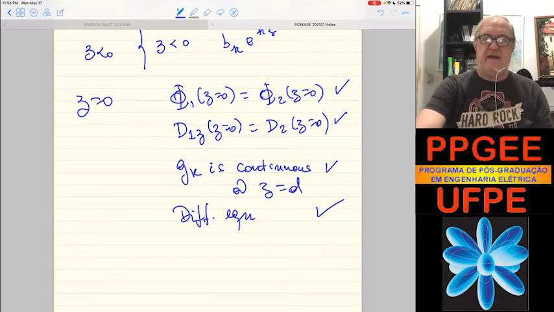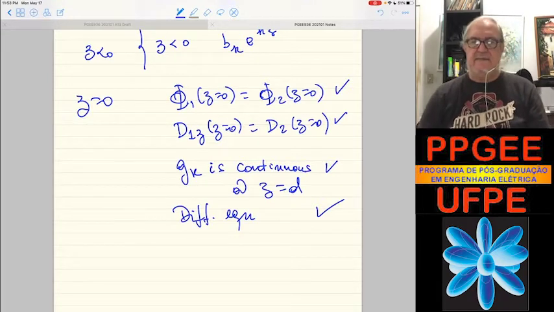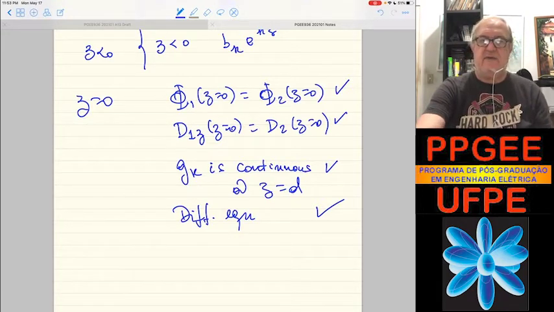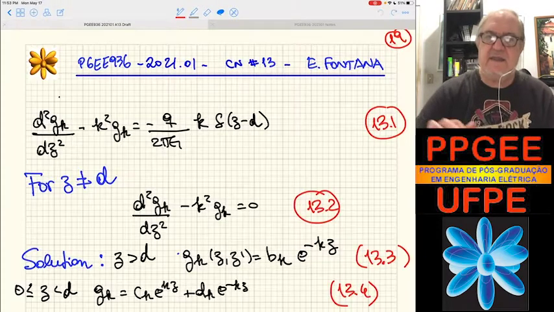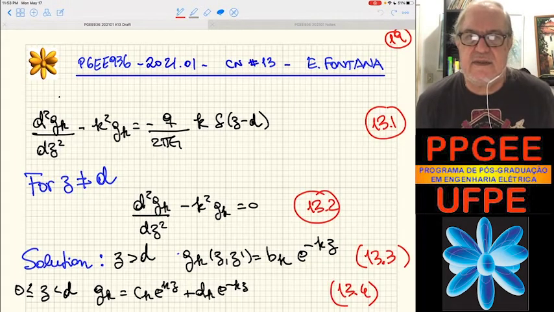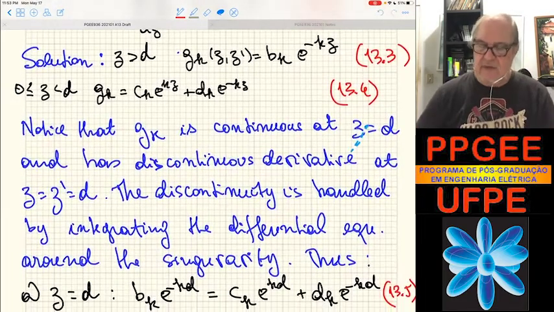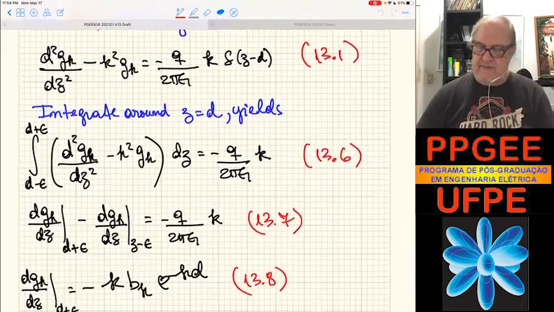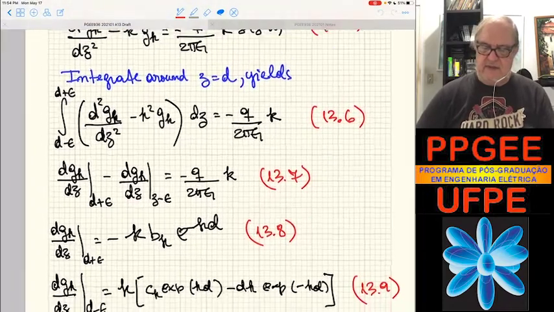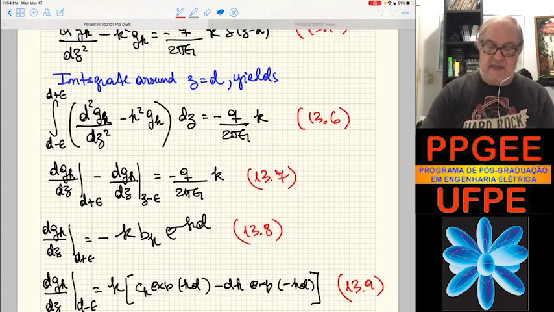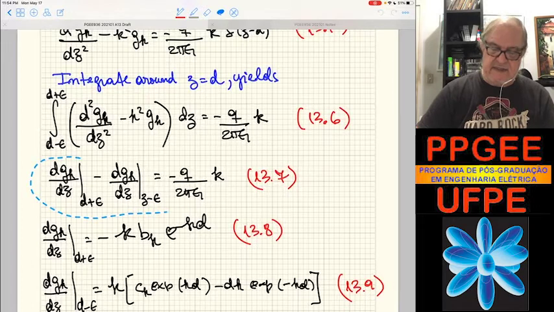And specifically for the discontinuity, you can see equation 13.7, I think, gives that condition. I'm just going to show you some points of the derivation here. We integrate the differential equation and have this condition.